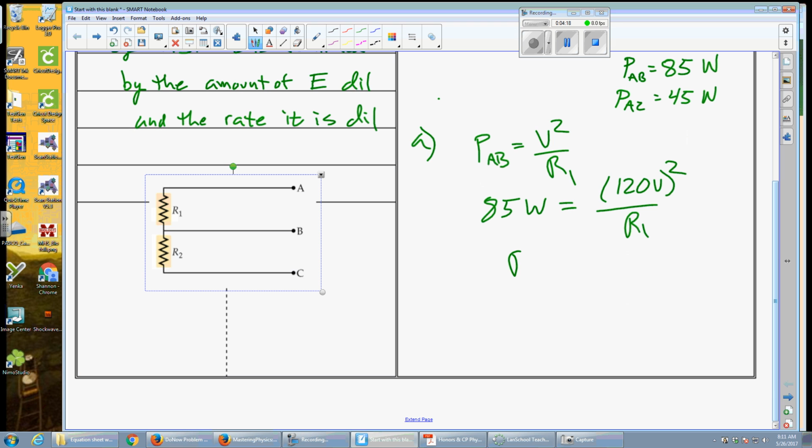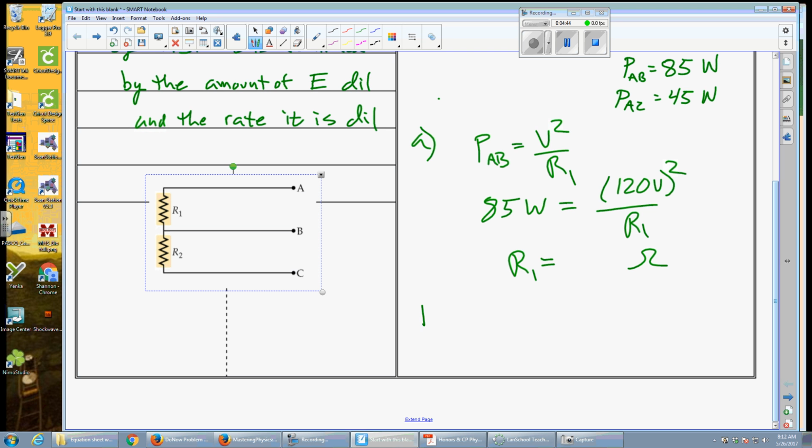Solve for R1. And that would end up in ohms because it's watts and volts. Well, the V is the units, so you would have to square those also. Yes, everything in the parentheses.